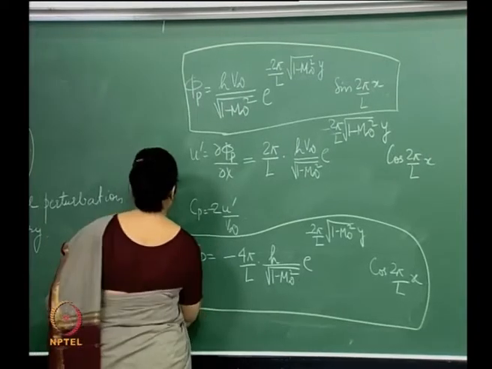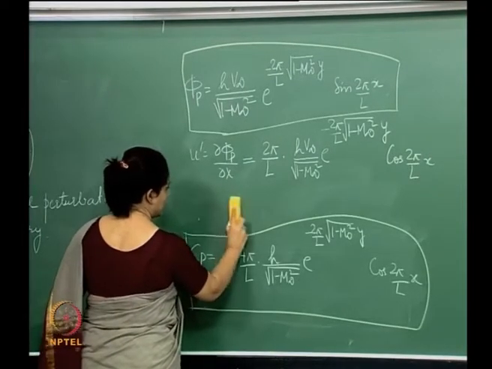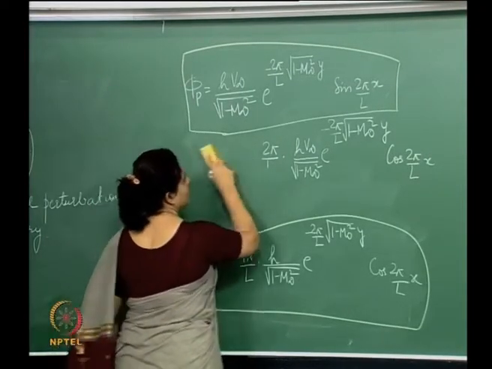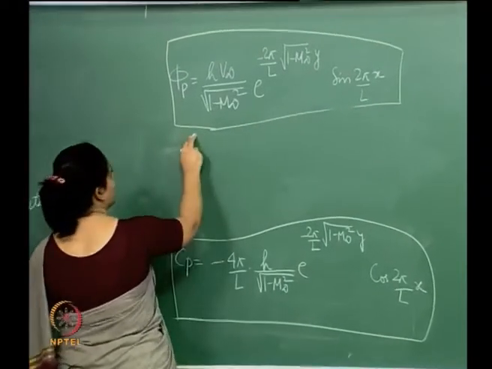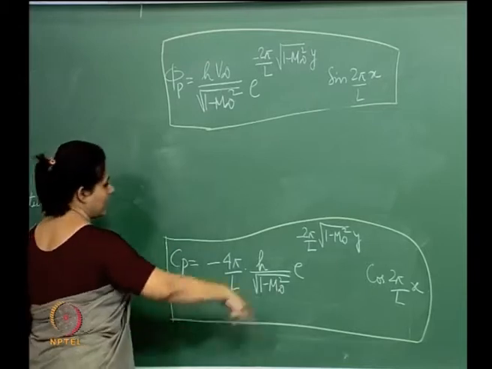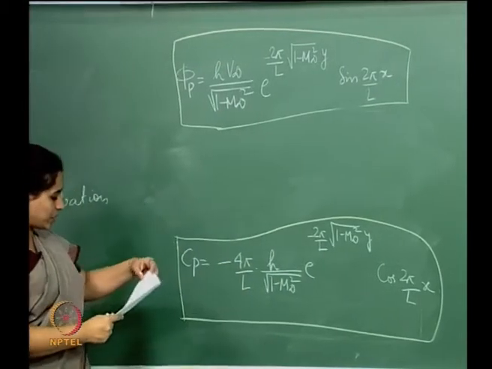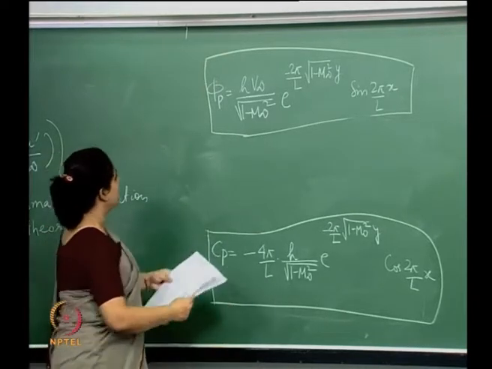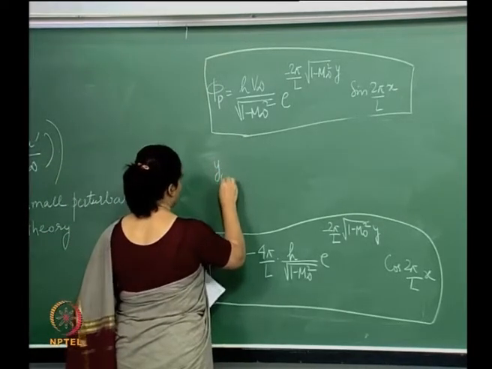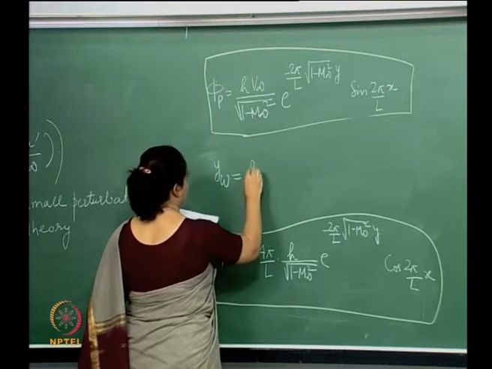Okay, so this is my perturbation potential. This is the coefficient of pressure expression, and this is what was given to us, right?